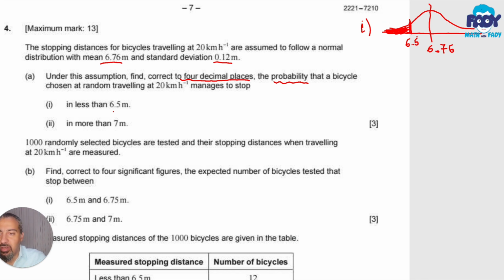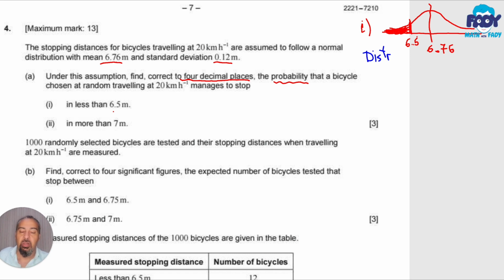So we will use our calculator to find this probability. In both Casio and Texas calculators, we need to press distribution. You will find this distribution in the Casio calculator by pressing menu, then going to stat, then you will find distribution, DIST.